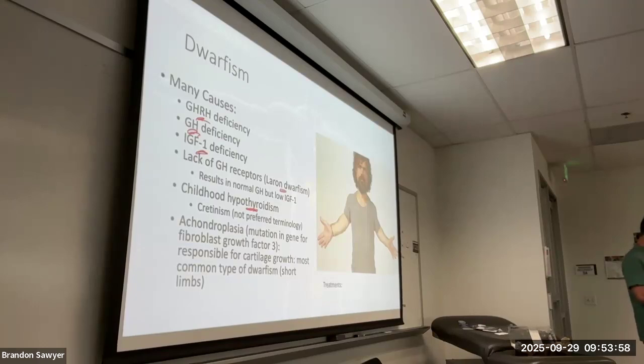Another somewhat common version of dwarfism is achondroplasia, which involves issues with fibroblast growth factor receptor 3 and affects cartilage. This is the most common type, and it leads mostly to short limbs. For the types of dwarfism that we can treat, hormone replacement is the primary treatment.